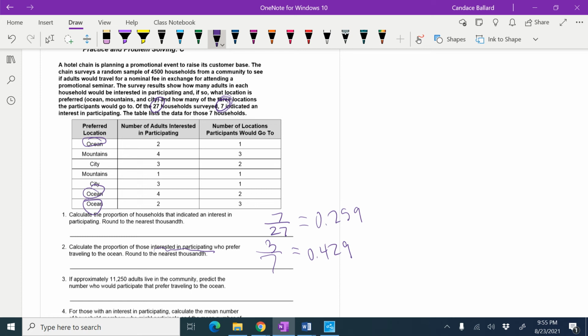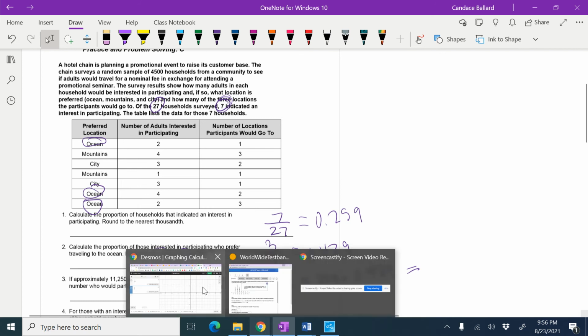ocean. So for this one, we take the number that they give us, the 11,250. We multiply that by the proportion that's interested in participating, so 0.259, and then we multiply that by those who prefer traveling to the ocean, so 0.429. And then we get that value. Now, when I'm going to do these values, it's more accurate if I use these fractions than the rounded decimal places. So that's what I'm going to do.